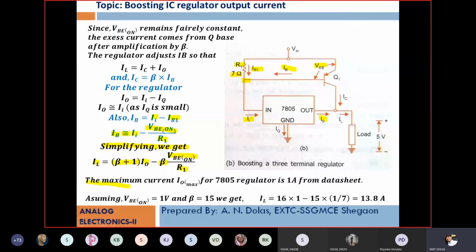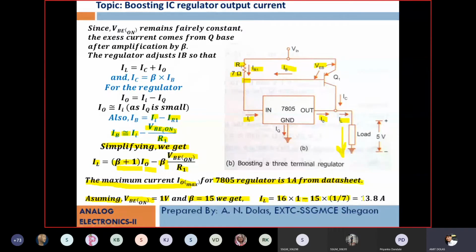So the maximum current IO max for the 7805 regulator is 1 ampere from the data sheet. We'll assume a few values and see at what level this load current can be boosted with a simple example. Assuming VBE on is 1 volt and beta is 15, we get load current equal to 15 plus 1, that is 16, multiplied by the maximum load current of the 7805, which is 1 ampere, minus beta 15 into VBE on by R, that is 1 by 7.